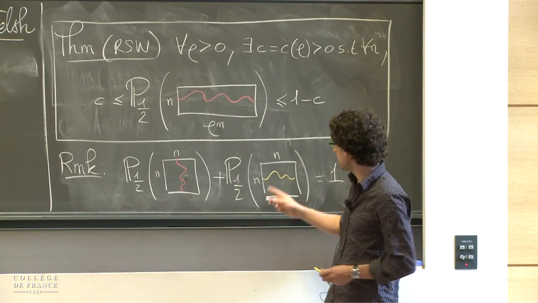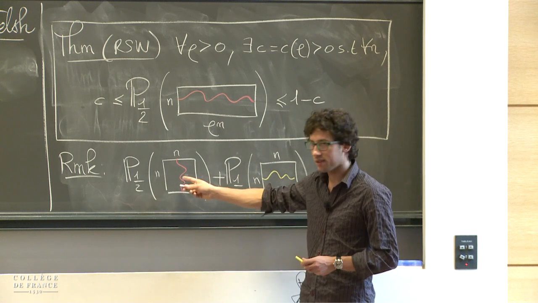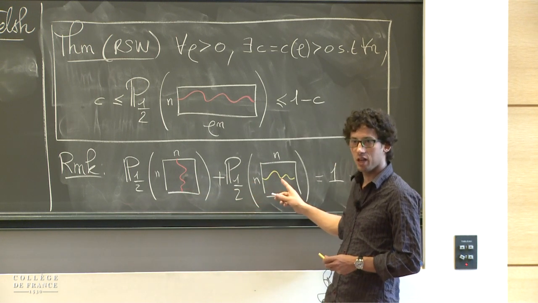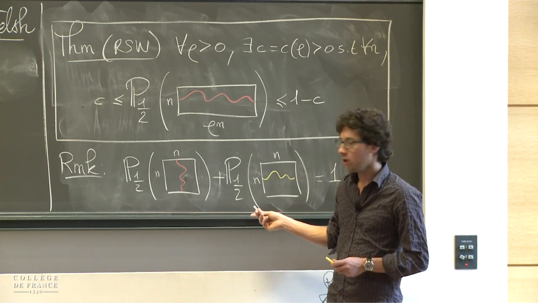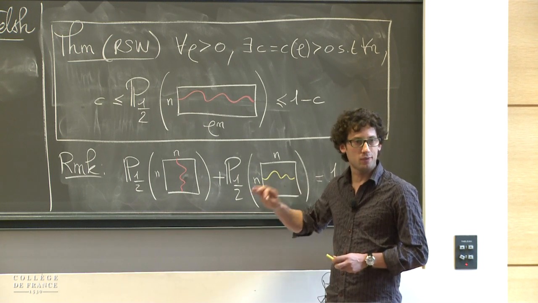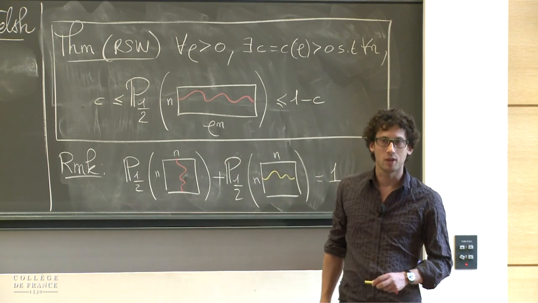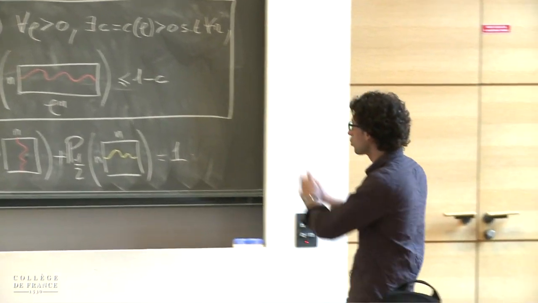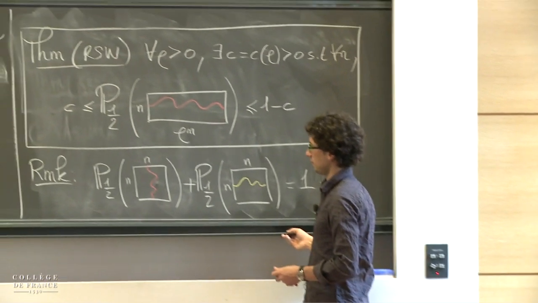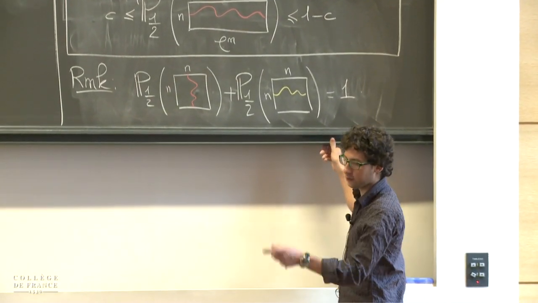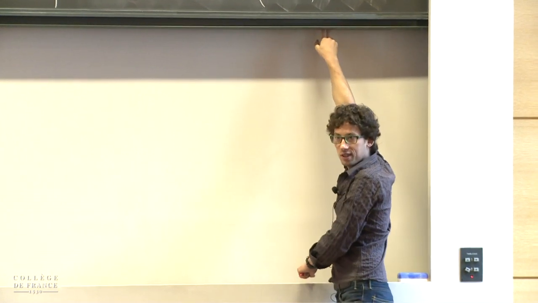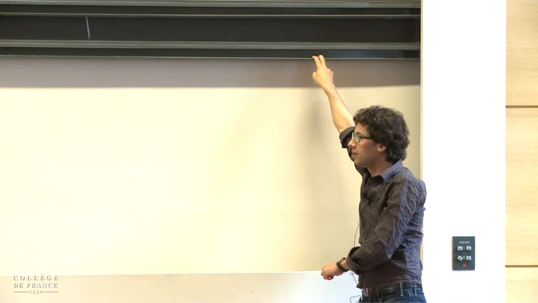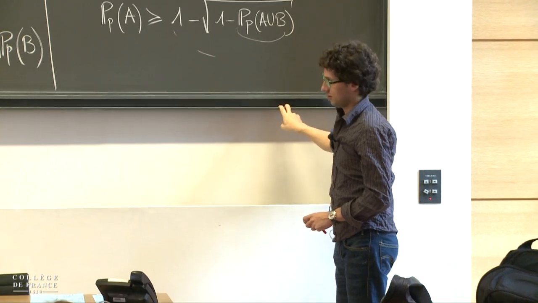I'm cheating a little bit once again because the dual of this n by n square is not exactly an n by n square. It's an n plus 1 by n minus 1 rectangle. There are many ways of showing that it's basically the same, so I don't want to add details. And if you want a self-contained proof, you can in fact just use that it's larger or equal to 1/2. That's the only inequality we would use. I'm not cheating you there.